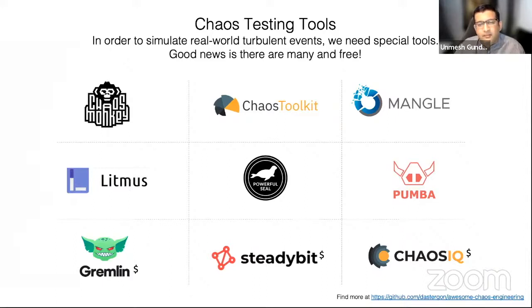In terms of features, I think most of them provide the same features: the basic ability to define an experiment and execute that experiment. And in some cases, you really don't need a tool. You can do that using, let's say, I'll show a demo where we are basically doing some API calls using Postman, and then we are creating a chaos engineering scenario.